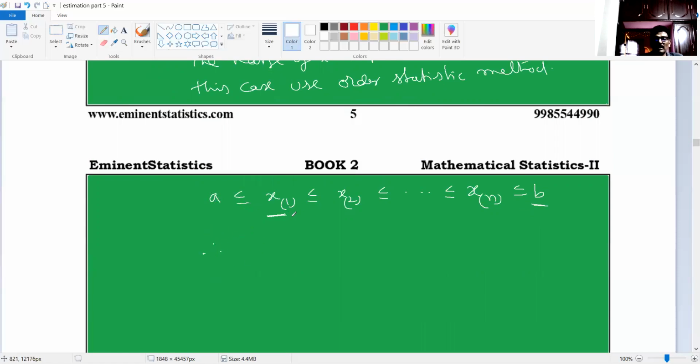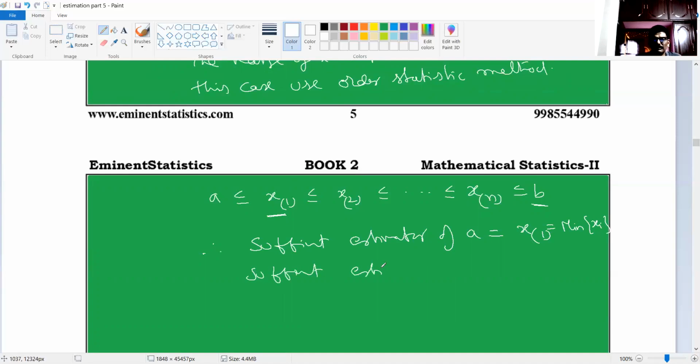These two are jointly sufficient estimators for a and b. Therefore, the sufficient estimator of a is x1 order, the minimum of xi. Shortcut technique.